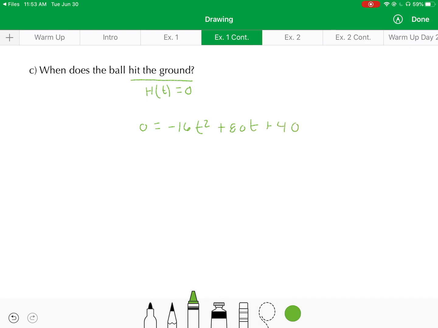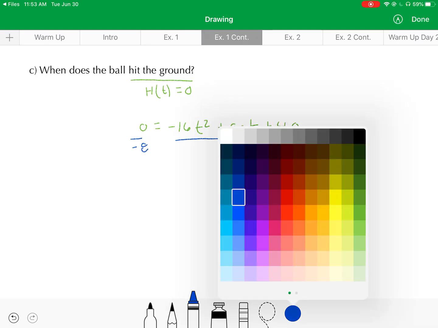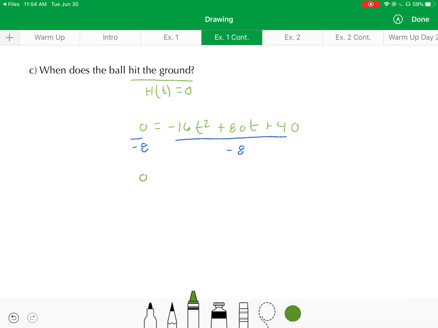All right, now let's make this easy on ourselves. I'm noticing I can divide out a negative 8 from everything. That's going to just make my numbers a little bit smaller here. That takes me to 0 is equal to 2t squared minus 10t minus 5.